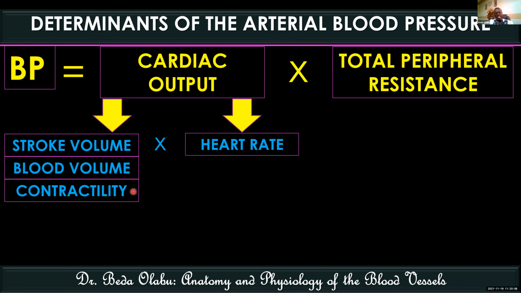Remember the parameters that will affect blood volume, things like amount of fluid intake, renal function, and the like. The things that will influence contractility: sympathetic and parasympathetic effects on the heart, drugs, some hormones like thyroid hormones and adrenaline.